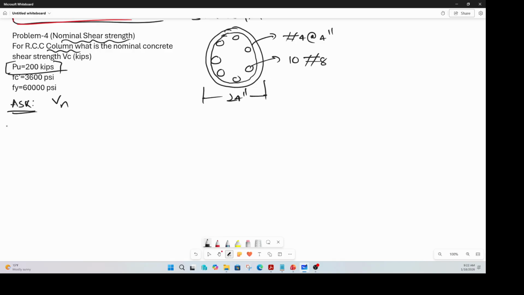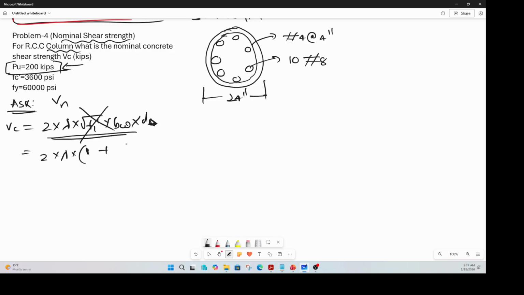Okay, pretty straightforward. We see 2 lambda root fc prime bw into d, right? But we'll not use this because this doesn't capture the effect of your axial load. So we talked about this in the last session. We'll use something with the additional factor of 1 plus the axial load divided by 2000 times your Ag, all these formulas in the code, and we talked about it in the last session.